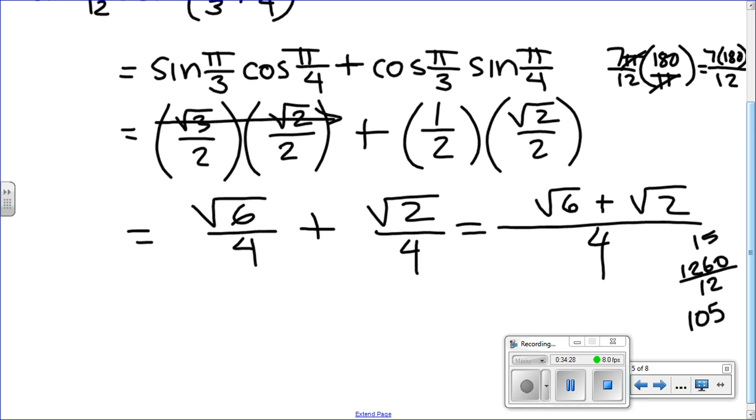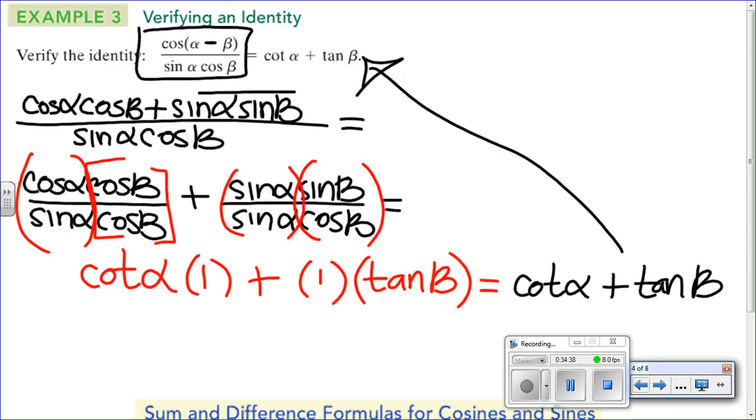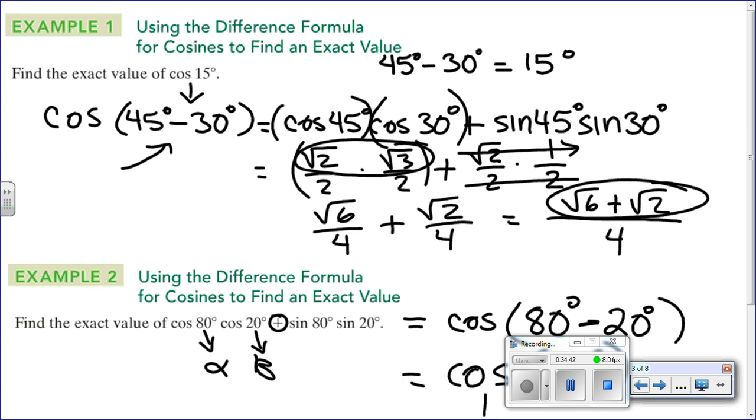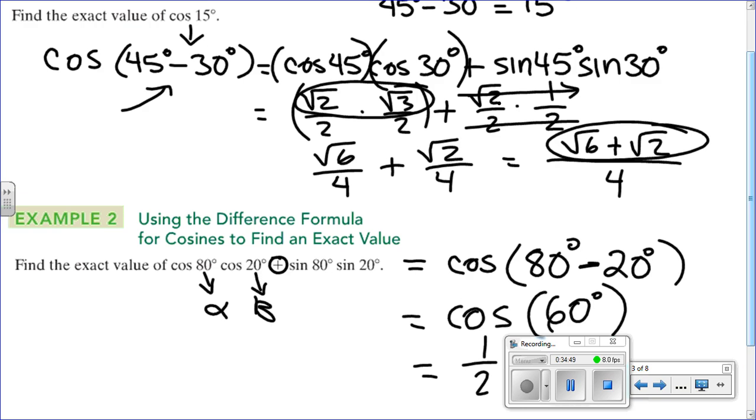Oh, I just thought of something. Isn't it 105? If I ask you, what's the reference angle of 105? Think about it. I think it's 75. If this is 90, then wouldn't it be like 15 degrees past here? 105, correct?